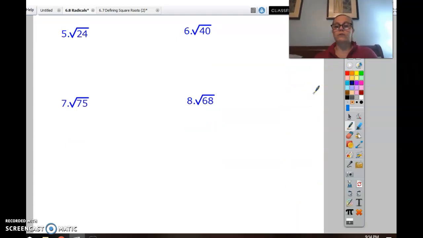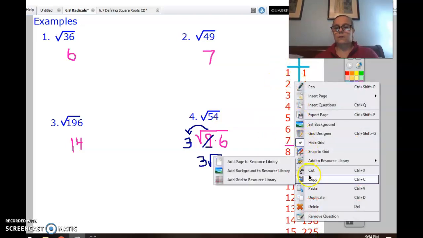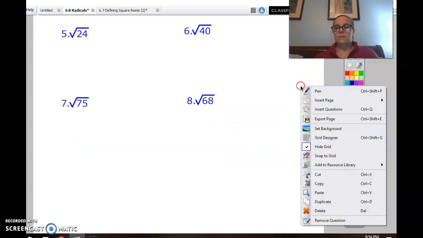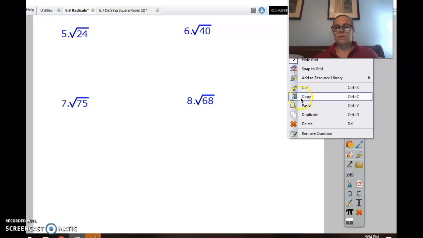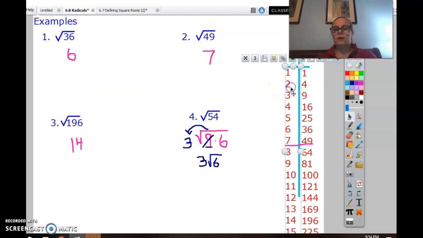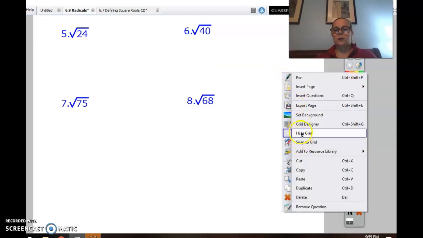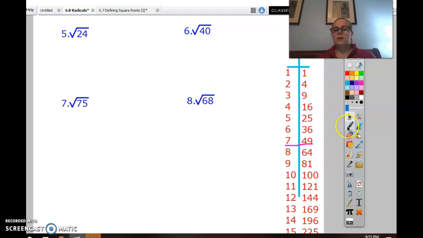We've got the square root of 24. I've got to think about what two numbers can multiply to give me 24.